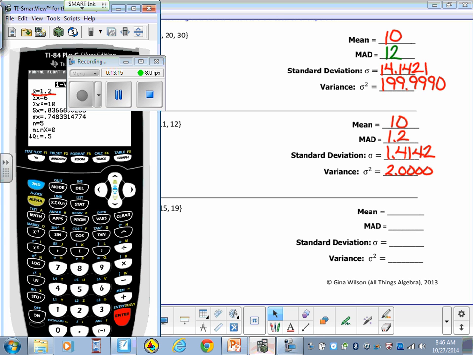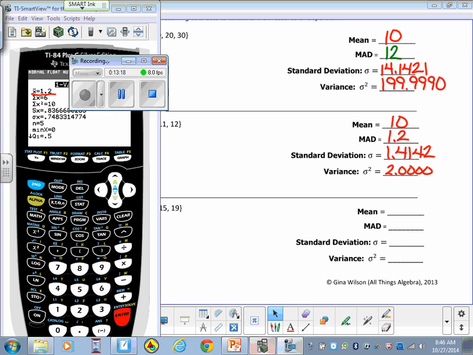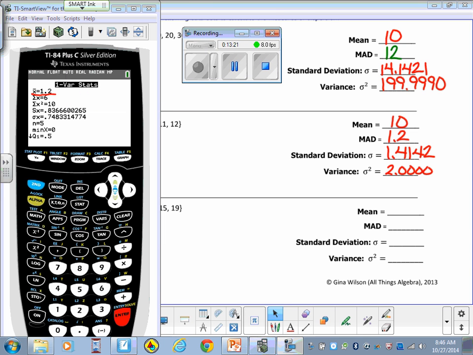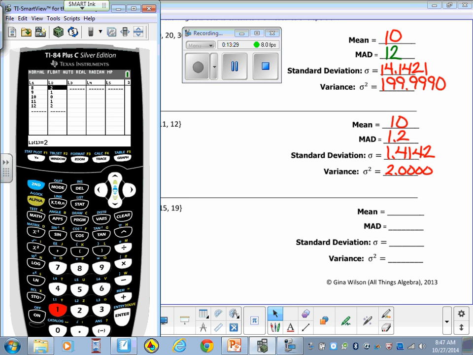Last one. Let's look at data set C. So we will go to stat, edit, arrow to the header, clear, enter.